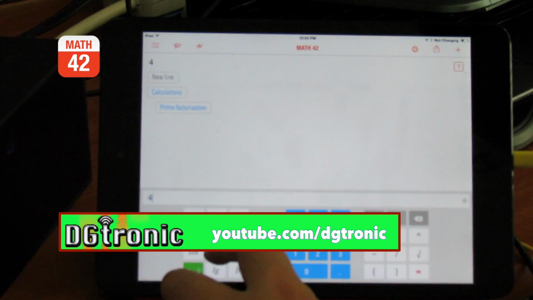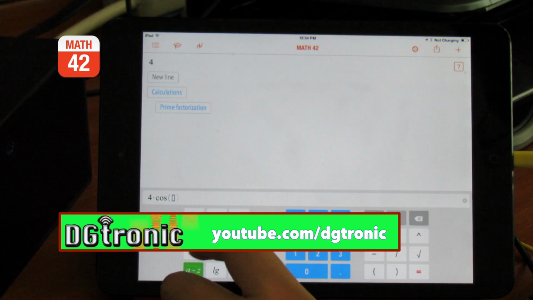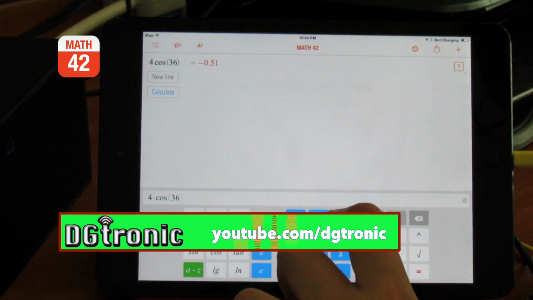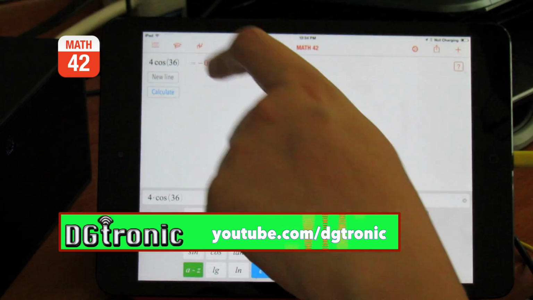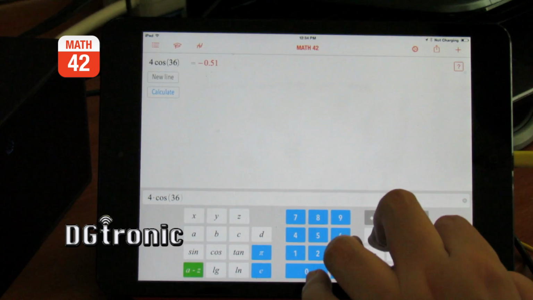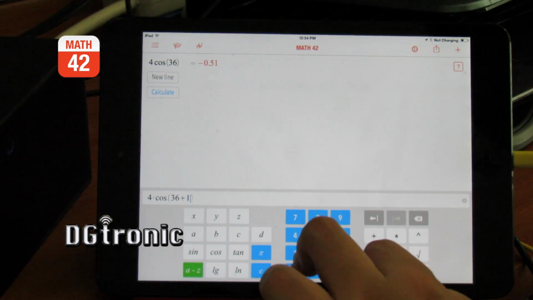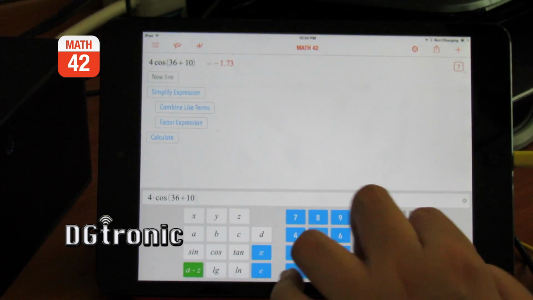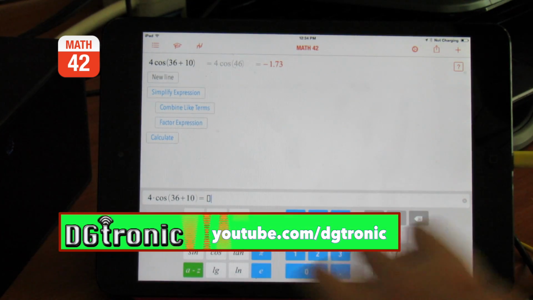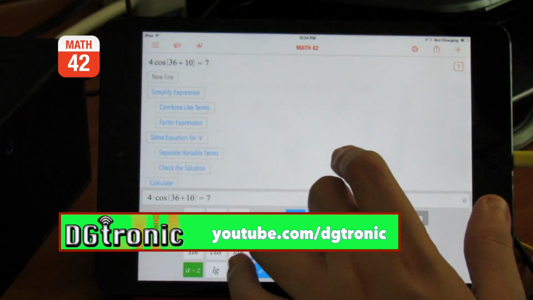Okay. For cosine 36. 36, you're getting the answer there already. Plus 10 equals, I don't know, 78.